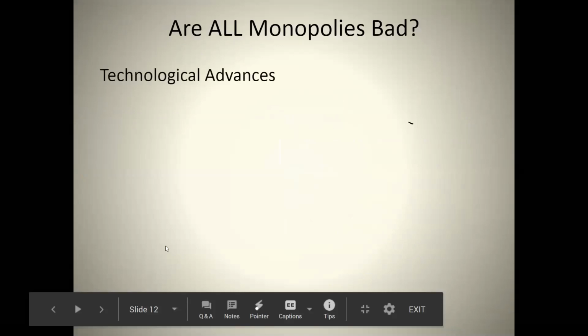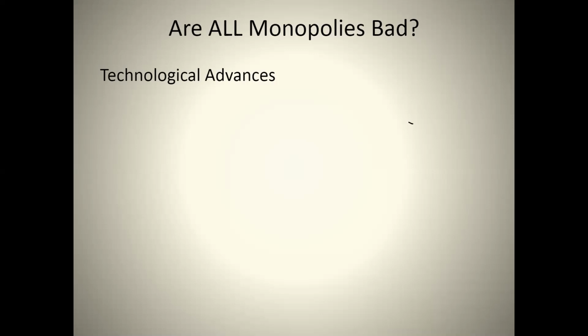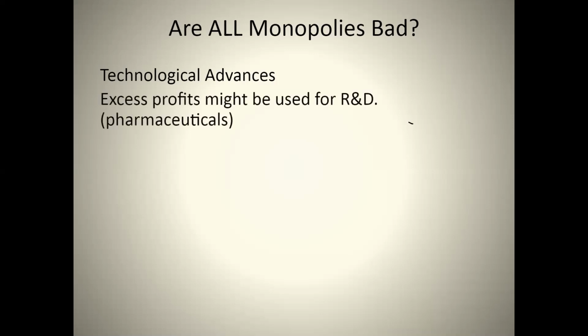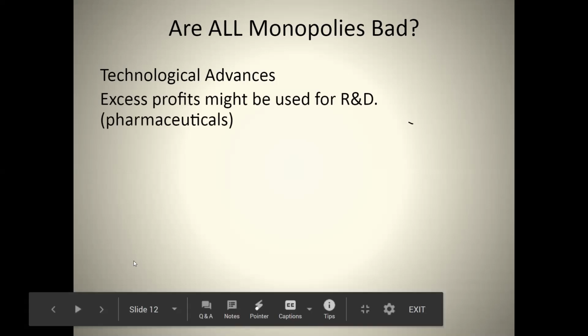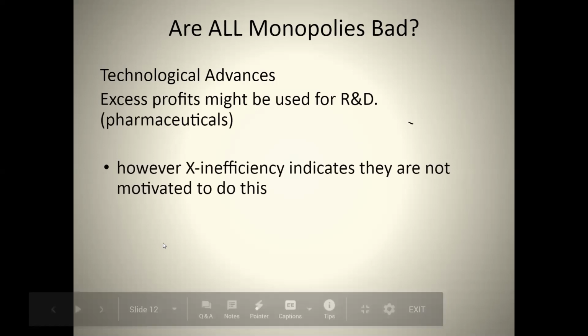Technology advances. Well, there is some idea also, and again, not just natural monopolies, but the idea that a monopoly will make better technology advances because they can use those excess profits for research and development, like a pharmaceutical company. But there's no guarantee that would happen because X-inefficiency would indicate that they were not motivated to do this.